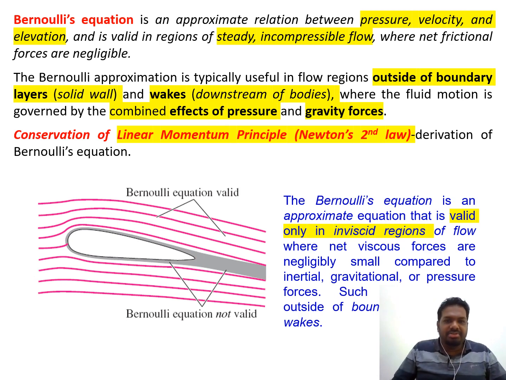Bernoulli's equation is typically useful in flow regions outside the boundary layer. So this is a fluid flow, and we can see where Bernoulli's equation will be valid, where there is a steady incompressible flow. Here it's not steady, so you cannot use Bernoulli's equation in this particular region.